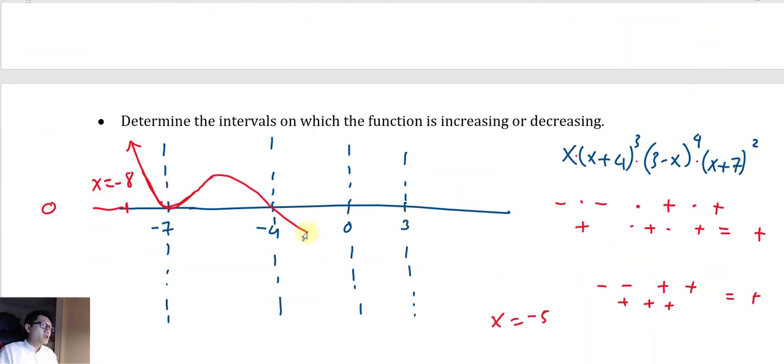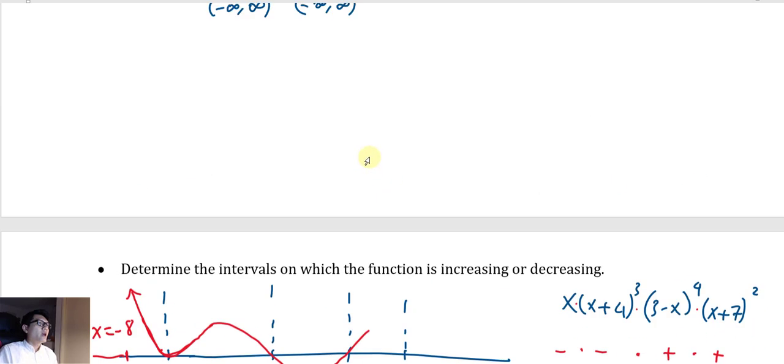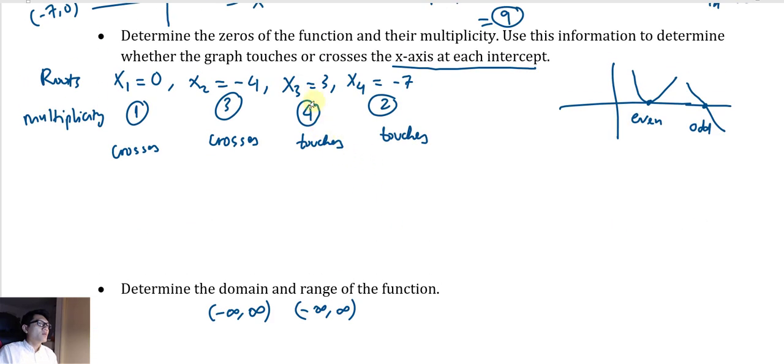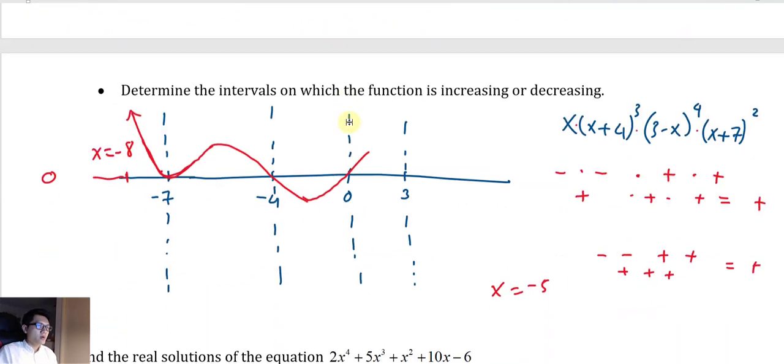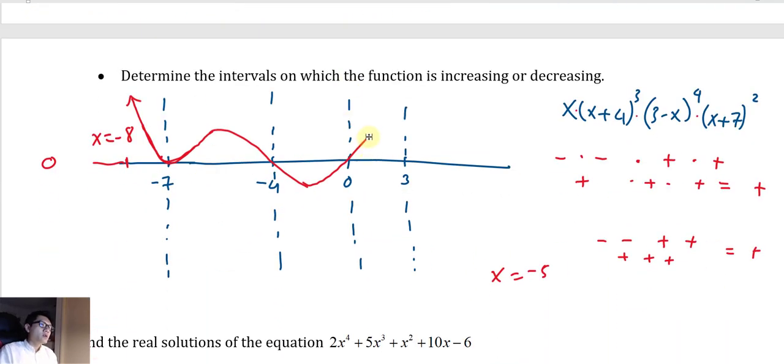So in order to cross there, you have to go up again to cross. And for 3, you are touching. That means from here you go down, touch, and go up again.